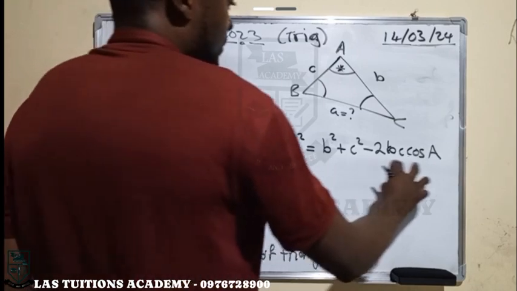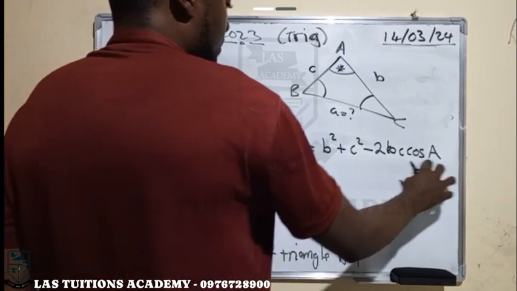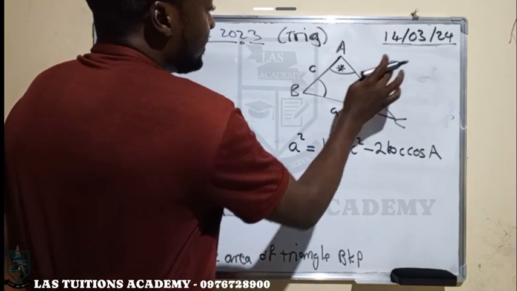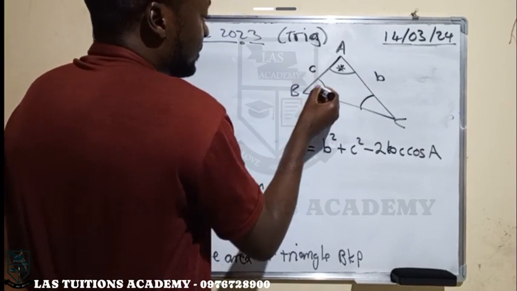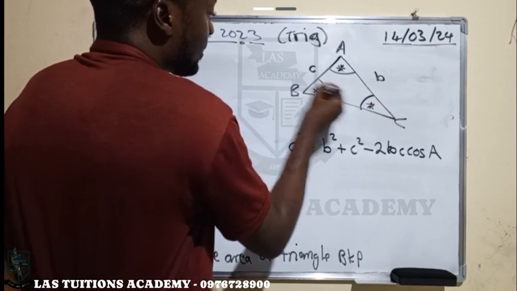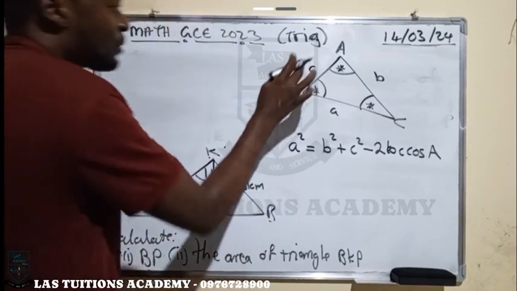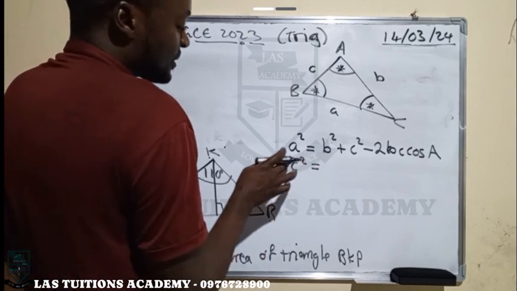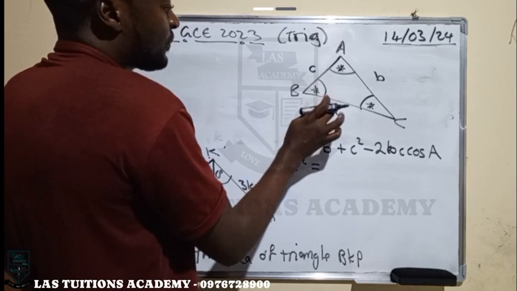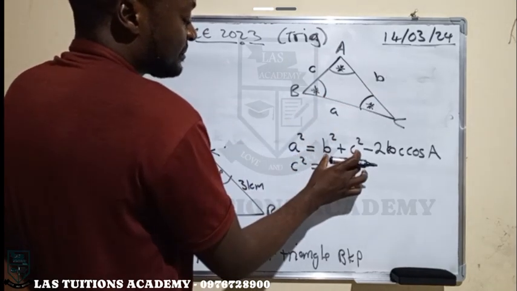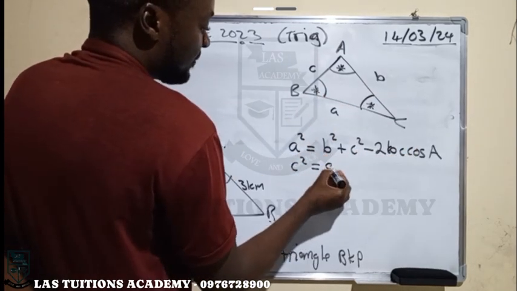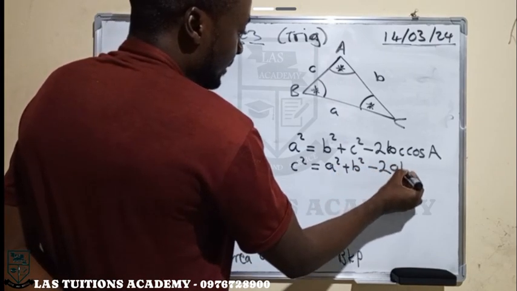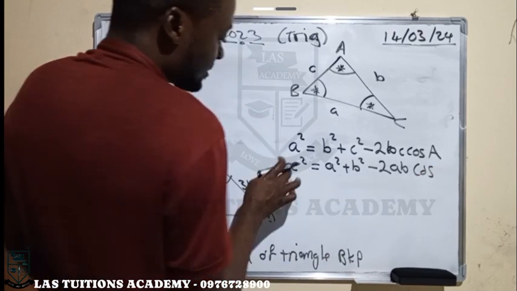This formula is called the cosine rule. The same formula can be used to find B and to find C, so you need to be given the angles that are needed. For instance, when we are finding C, we can say C squared is equal to A squared plus B squared minus 2AB cos C, the angle for the side which you are looking for.